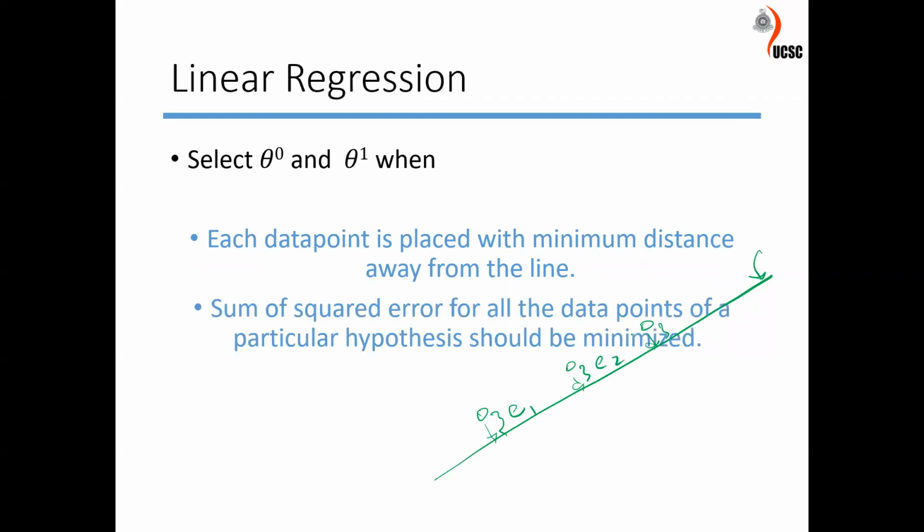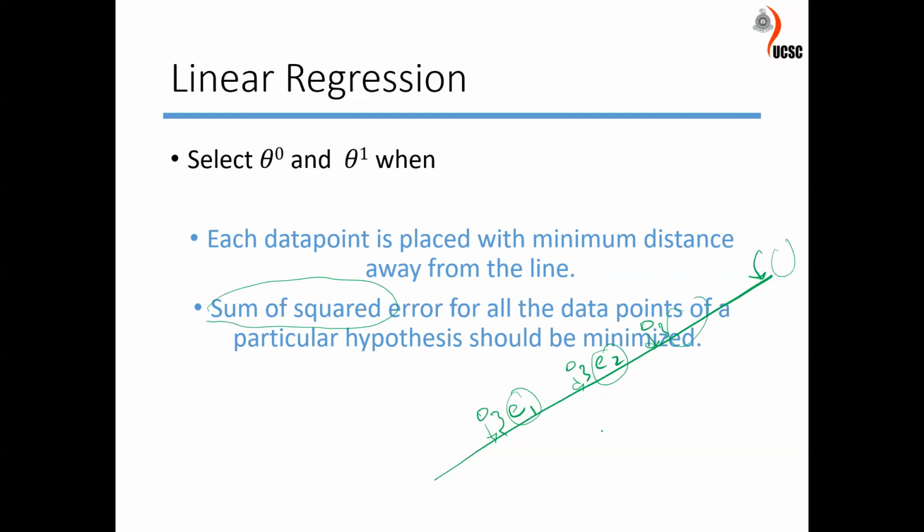As one feature, we can consider the sum of squared error. So we don't need to go one by one. We can get the summation of squared error.